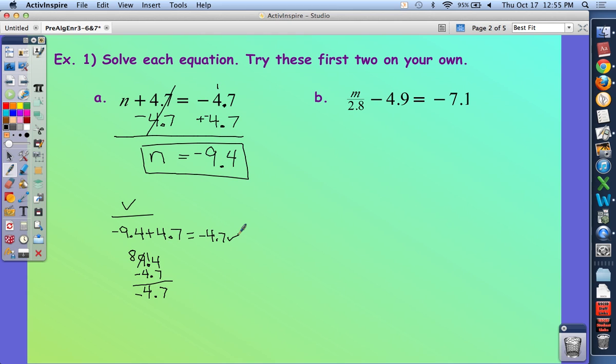Get n by itself, undo what's being done. So in this first one here, we would either have to multiply by 2.8 or add 4.9. Which one do you do first? You're undoing PEMDAS. Please excuse my dear Aunt Sally. So undo the addition and subtraction first. Work backwards. So we would add to both sides.